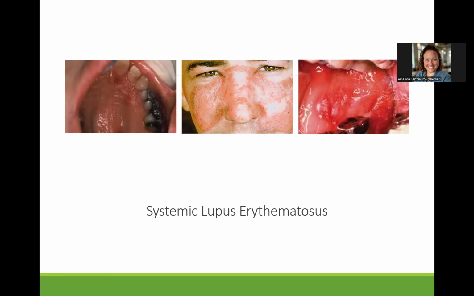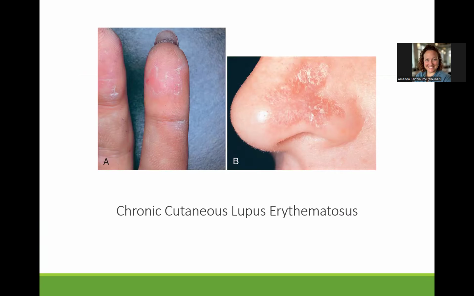This can only be diagnosed if they have it orally. We would send them to an oral surgeon for biopsy of that tissue. And sometimes they come back with, oh, they have to see their primary care, and it's actually lupus. With chronic cutaneous lupus, again, you're going to see dryness or scaling on the nose and fingertips.